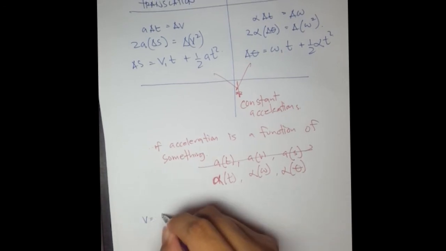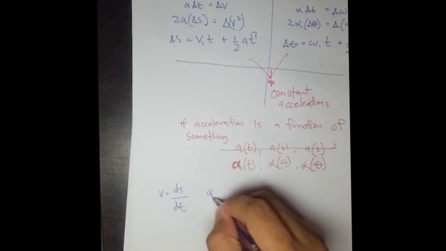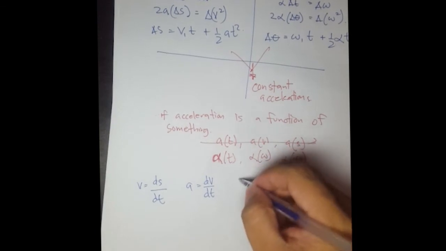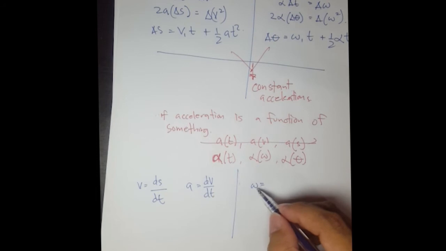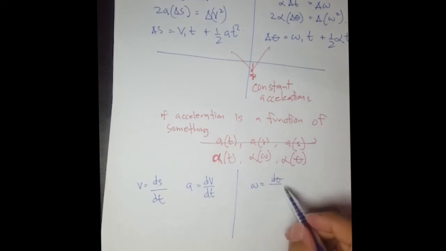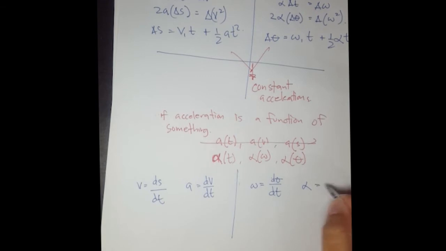So recall that our main equation here for the translation is v is equal to ds over dt, and then the acceleration is the time rate of change of velocity. So here for rotation, it works the same. So our angular velocity is just the change in angular position, and then this one, the angular acceleration, is just the time rate of change of the angular velocity, right?